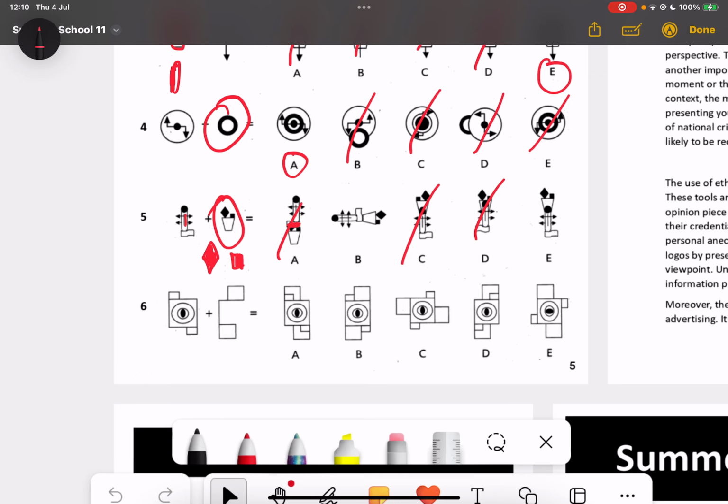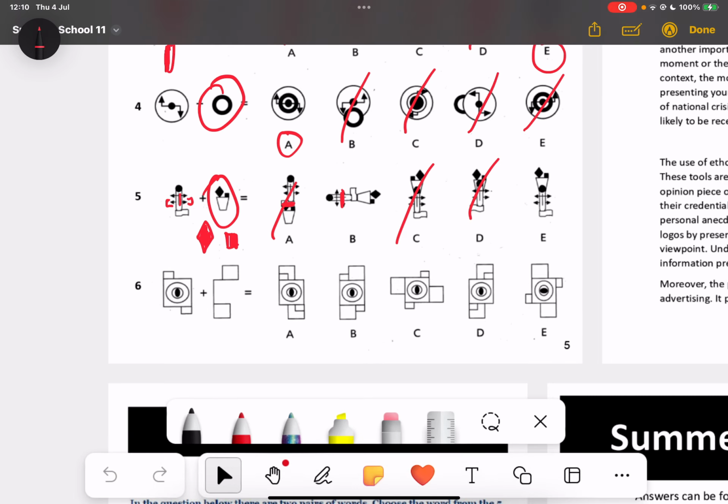So now we have to be able to differentiate between B and E. And how we're going to do that is by looking at the lower double-headed arrow, in which in B it's overlapping the longer shape. So it's not going to be B, and that means 5 is E.